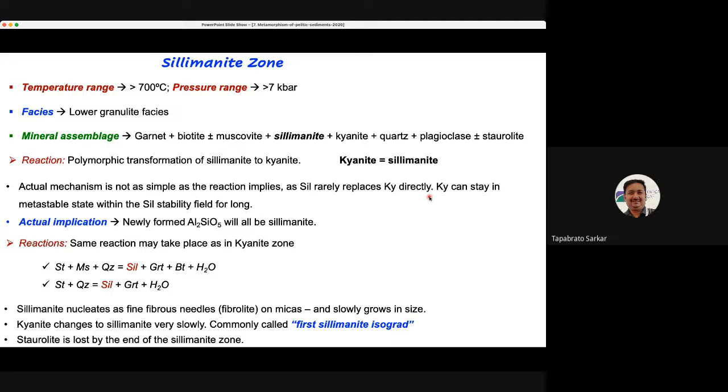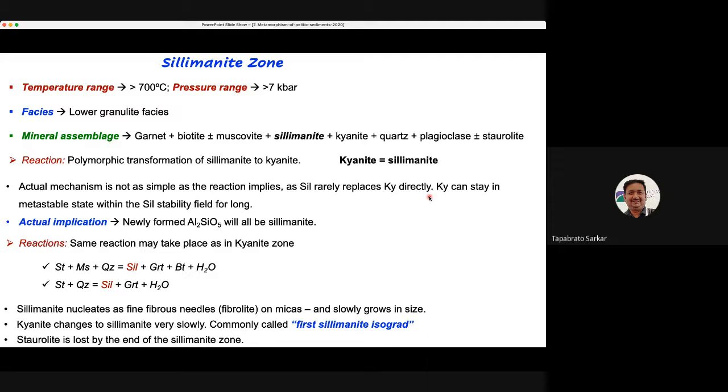These polymorphic reactions take time, and the process is very, very slow and doesn't occur just with the flip of temperature. So kyanite definitely changes to sillimanite, but kyanite can continue as a metastable state within the sillimanite stability field for a pretty long time.